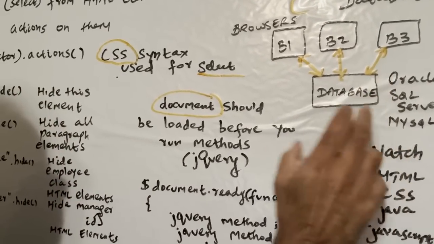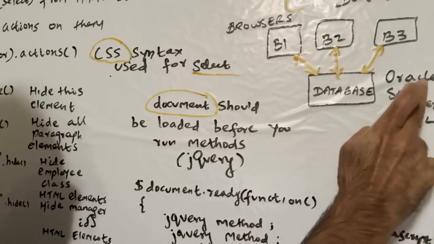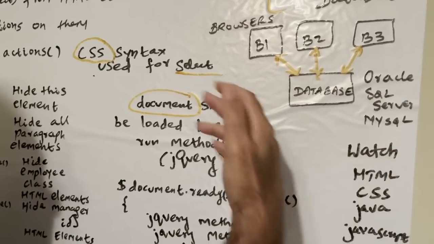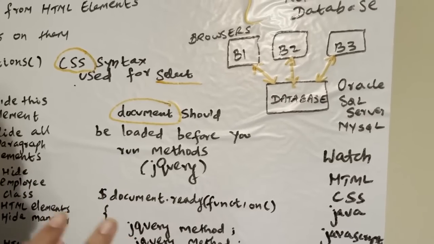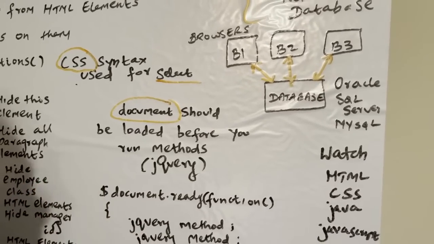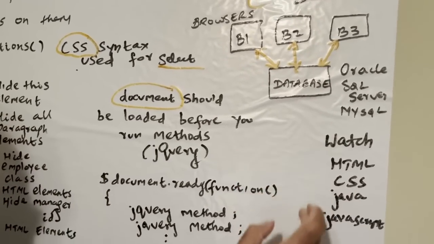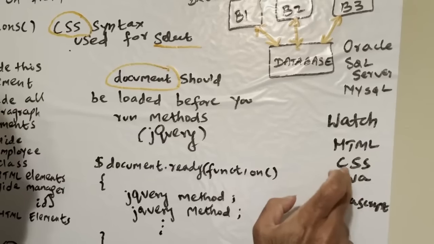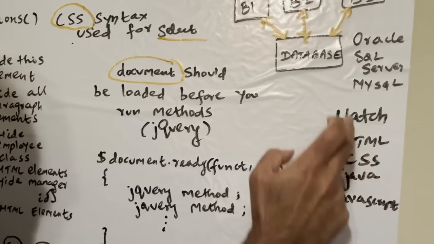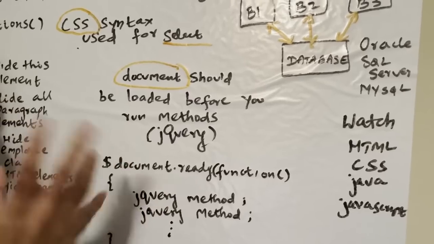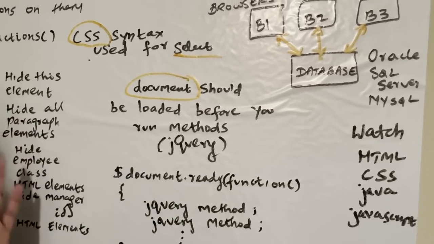Some examples of large databases: Oracle is the best, SQL Server is medium size, and MySQL is mainly for browsers and the web world, web technology. I would always suggest you watch the HTML, CSS, cascading style sheets, Java, JavaScript videos before this or after this. You can link everything together.